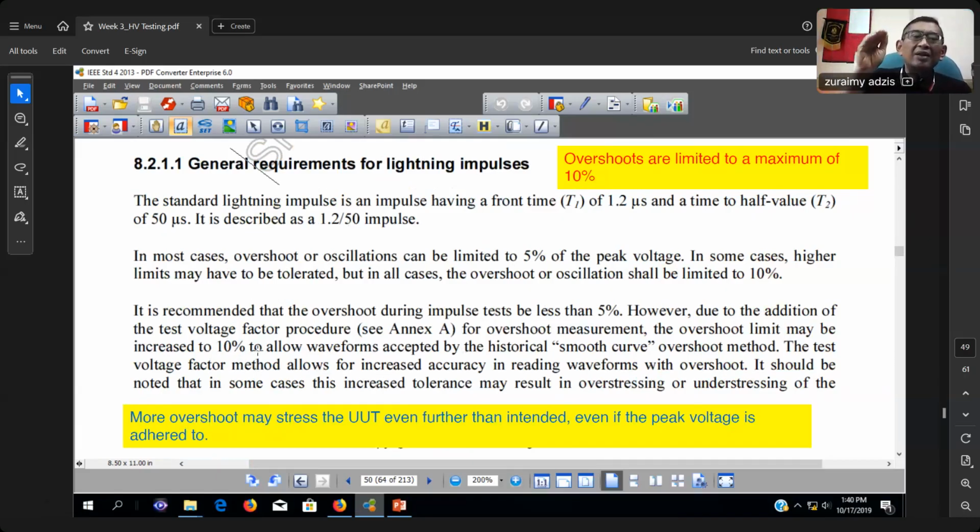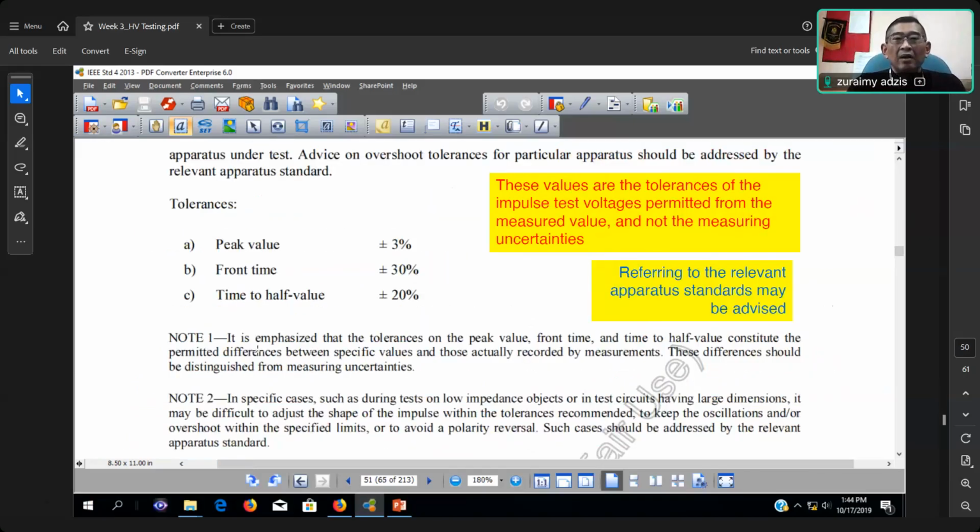then that's the limit. If your generation set tries to generate a 200 kV impulse, but the impulse generated is a 220 kV peak, then it cannot be used for the test. So those are the requirements.